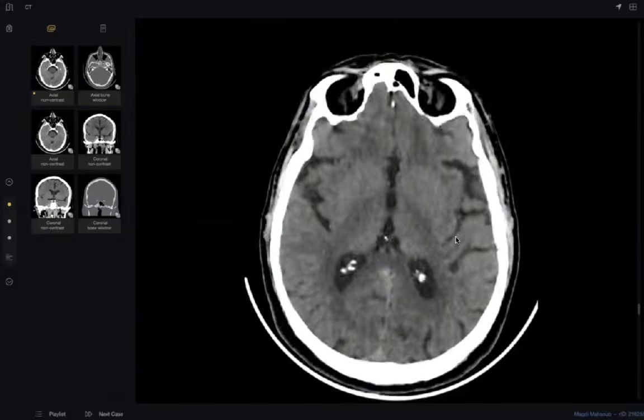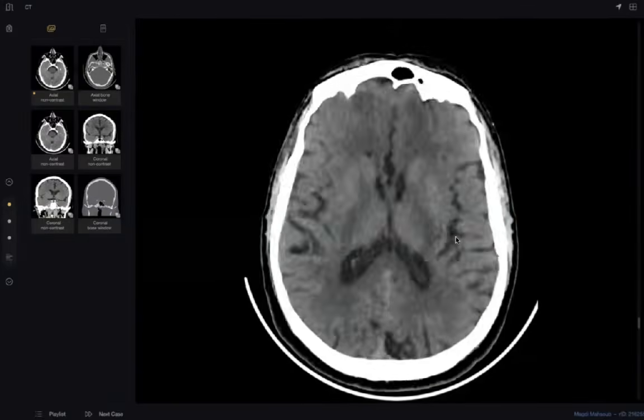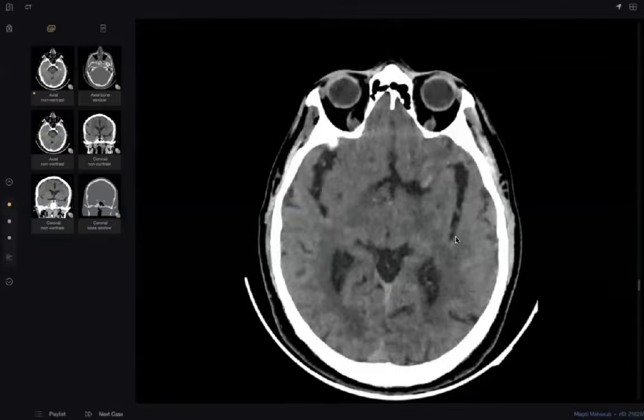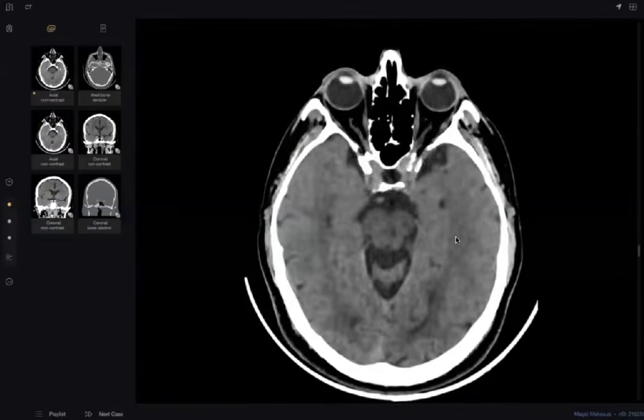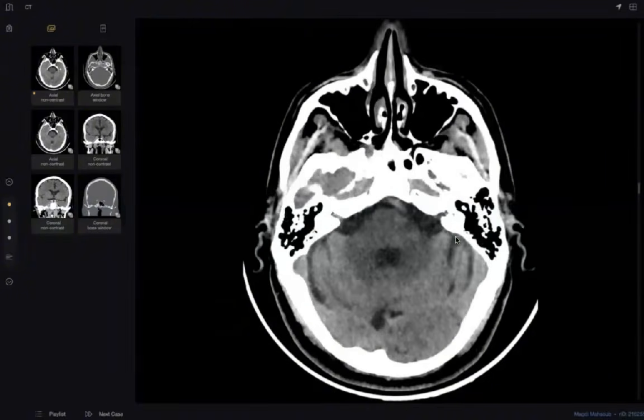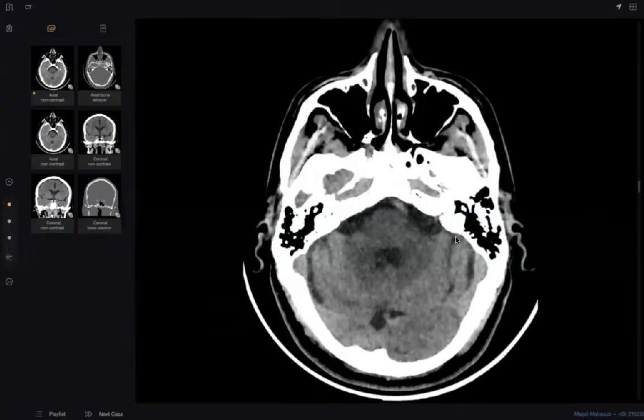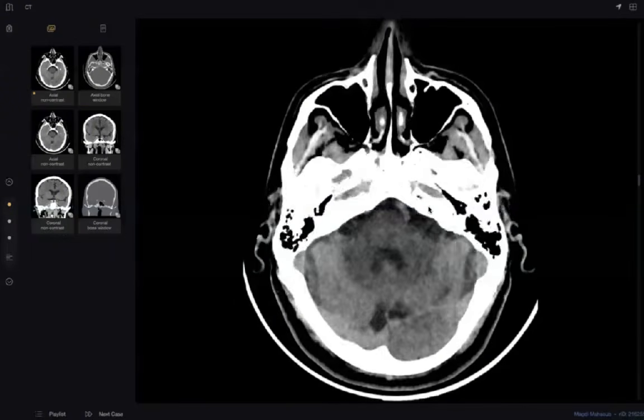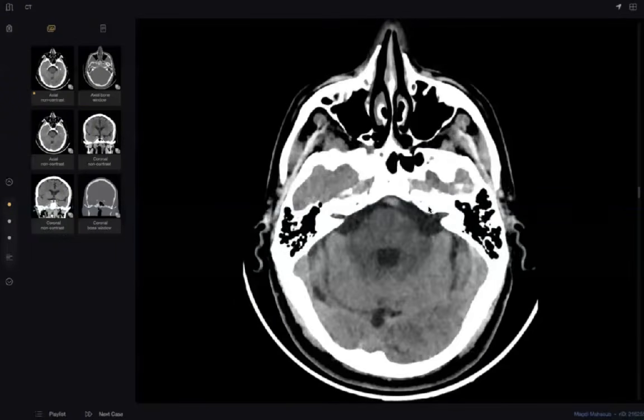I would like to see superior ophthalmic vein. Look at the skull base, please.